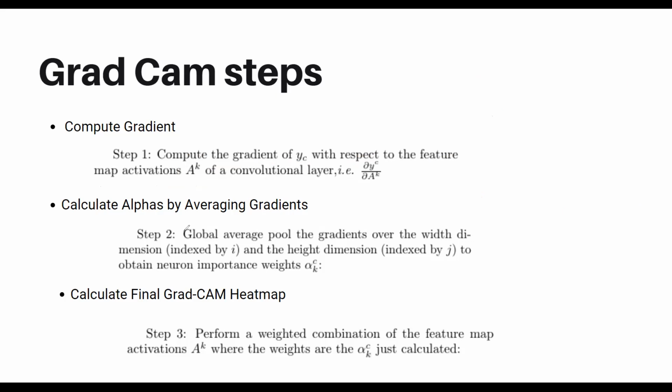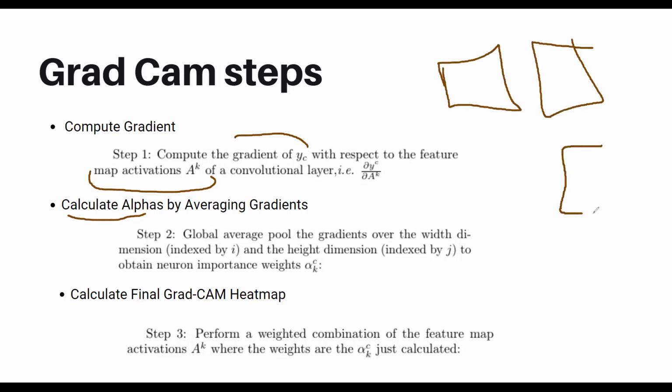No problem. After that, you calculate the alphas. The alphas are just the weights of these feature map activations. How do we do that? We just take the average of these gradient windows. Again, the gradient would look like this.